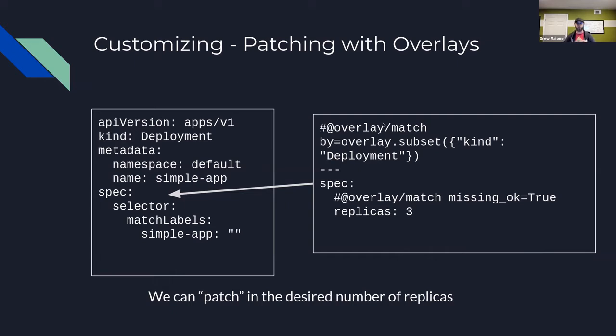So we take this, there's a language around how to intelligently scope down and match exactly where you want your additional configs to go. But for this simple example, we're just telling it, look for anything that is of kind deployment. So we're telling YTT, look for any deployments and look here. If you see a spec for the deployment, drop in the key replicas. And for simplicity, assign a value of 3.